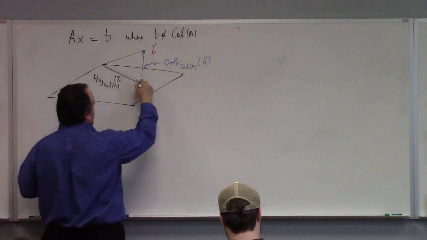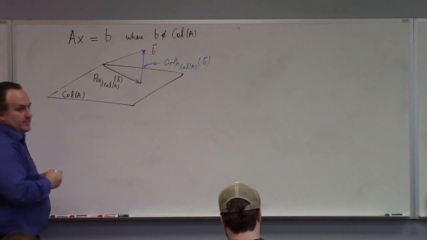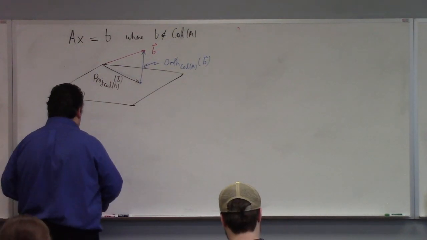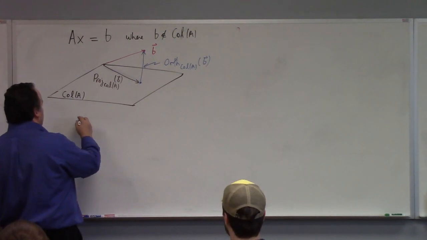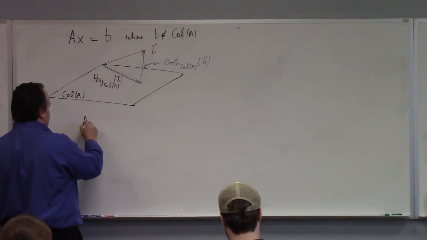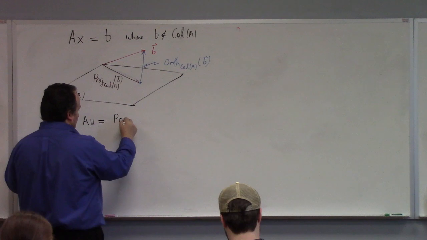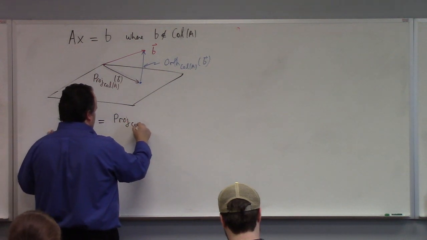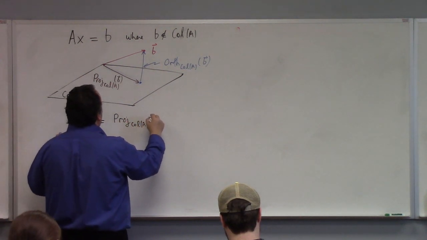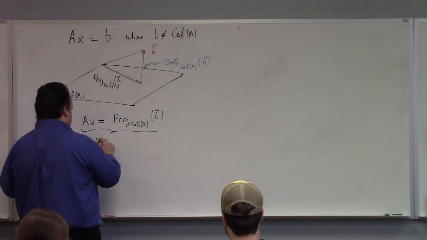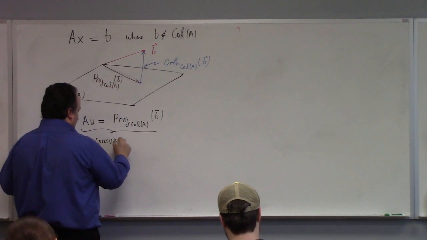So this point right here, that's a point which we can solve for. In other words, if I look at the equation, let's say A times u is equal to the projection into the column space of A of b, this right here is consistent.